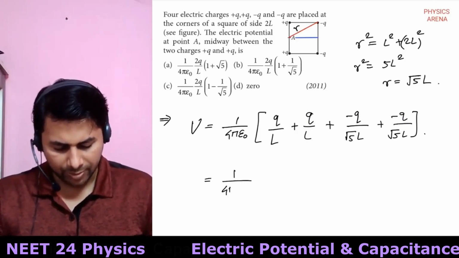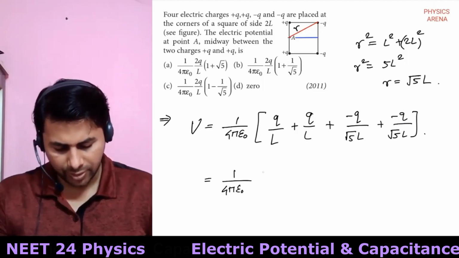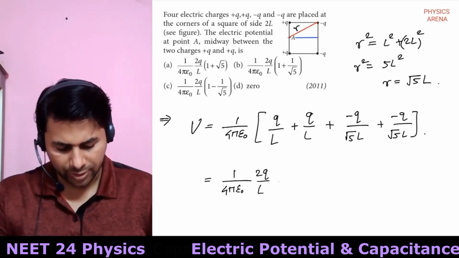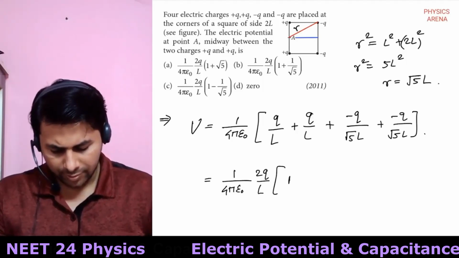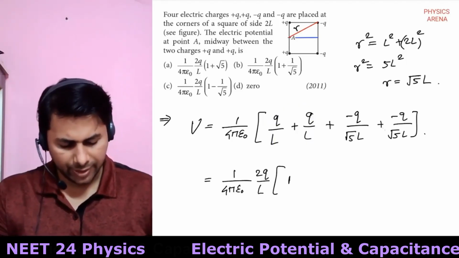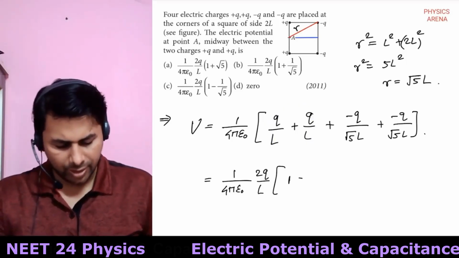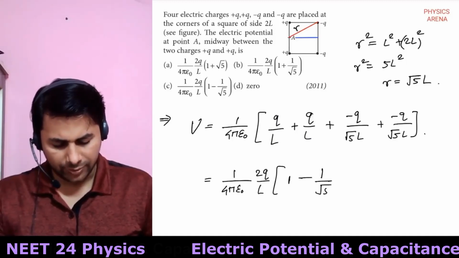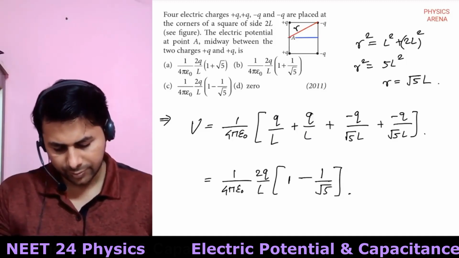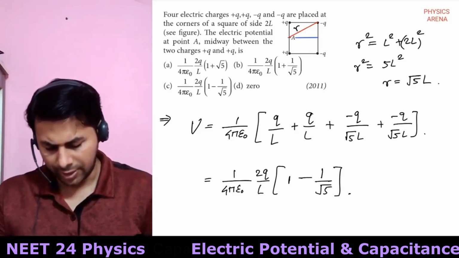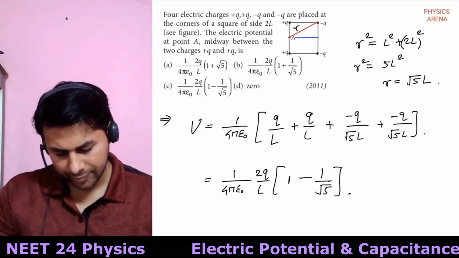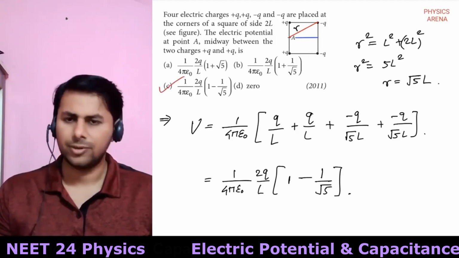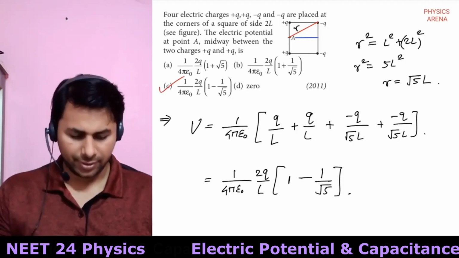So 1 upon 4 pi epsilon naught, you can move 2Q upon L outside. From here, 1 will remain, and from here, it will be minus 1 upon root 5. This is the answer. Okay, it's option C, right? See, this one was also simple.